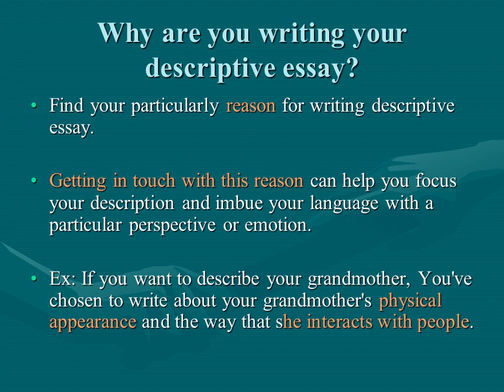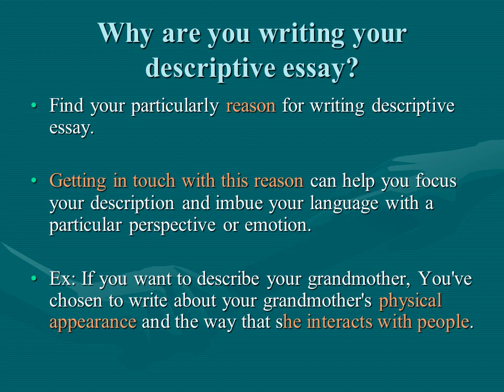For example, if you want to describe your grandmother, you have chosen to write about your grandmother's physical appearance and the way that she interacts with people. Of course, when we describe a person, we describe his physical appearance and we describe his character, his personality.